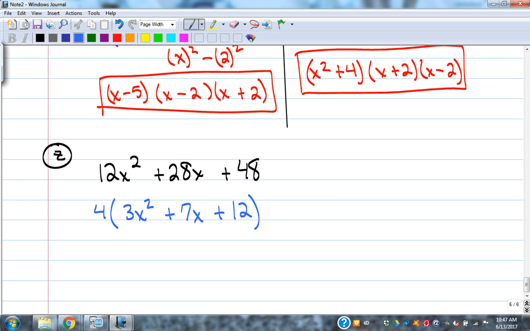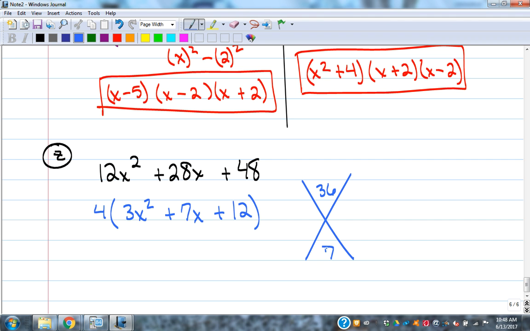Then I would try to do the x method. What goes on the top? 3 times 12 would be 36, and 7 on the bottom. So I need something that multiplies to be positive 36 and adds to be 7.